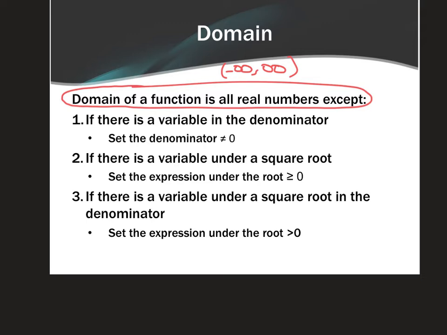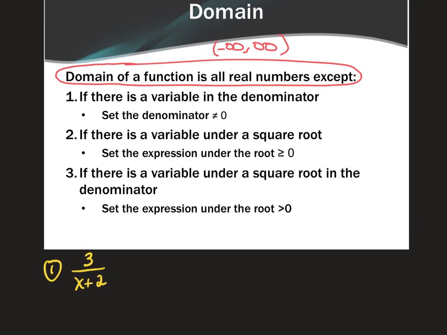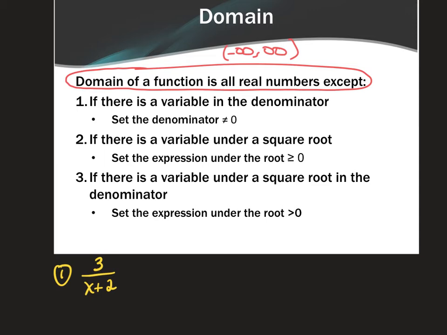The first thing is if there's a variable in the denominator. Say I had 3 over x plus 2. This is an example for the first rule. Do you see that there is a variable in the denominator? Yes?